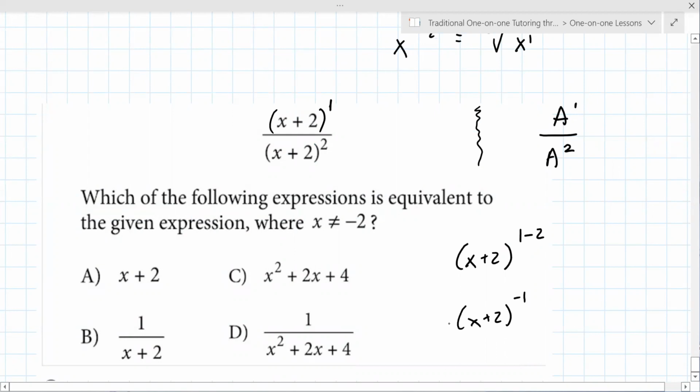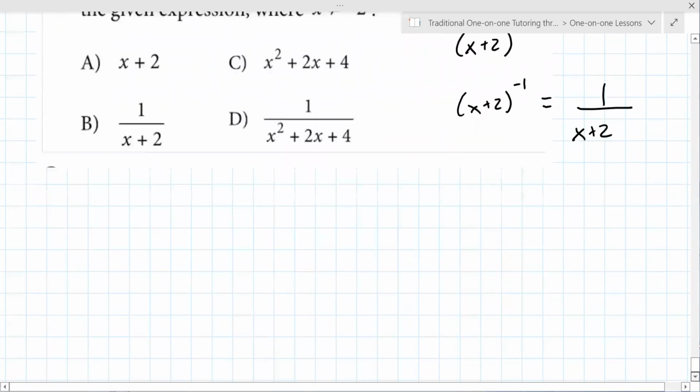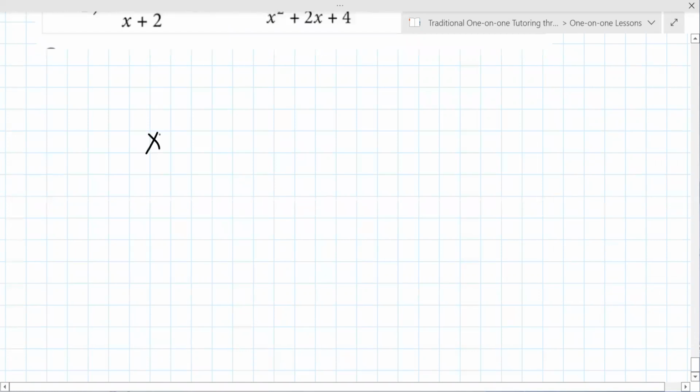Now this is a new property. We haven't looked at this one yet. Maybe you already know the answer. So this becomes 1 over x plus 2. Because anything to the negative power turns into a 1 over. So here's the property. X to the negative n equals 1 over x to the n.